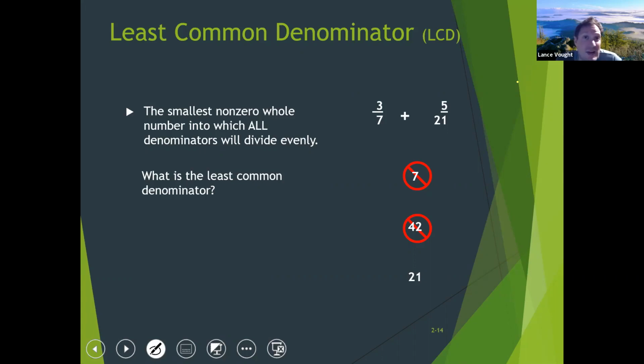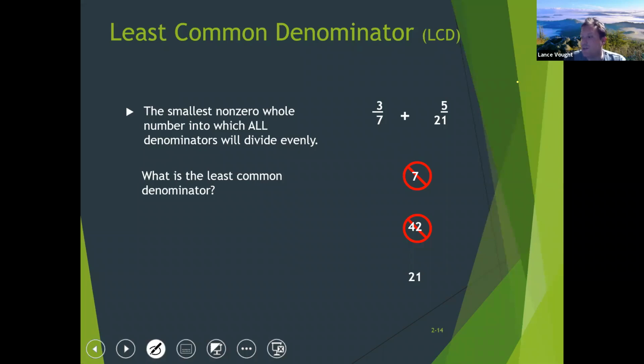It's not divisible by anything except 5 and 1. So we can't scale down to 7. We could scale up to 42. The problem is that it's possible to scale up before we get to 42. If you turn 7 into 21, then we don't have to go any further than that.